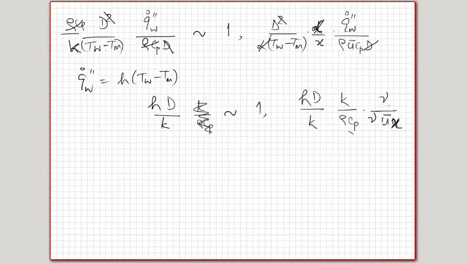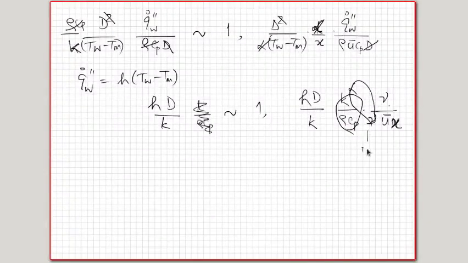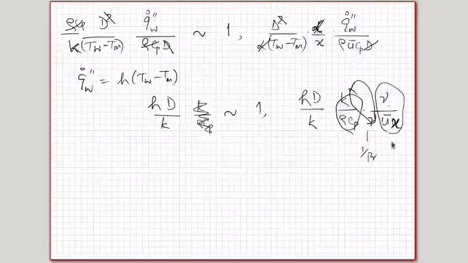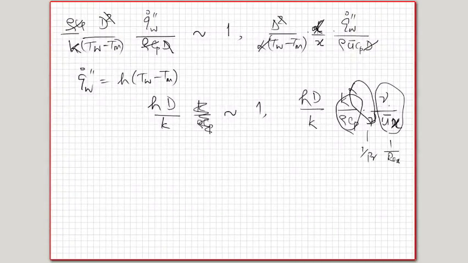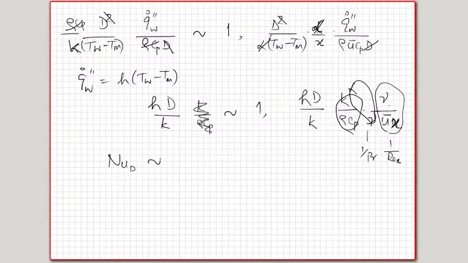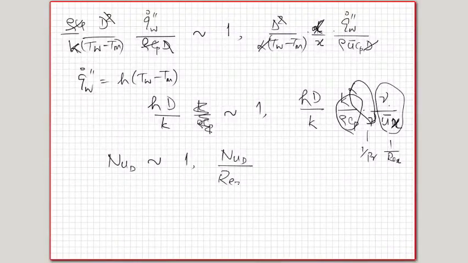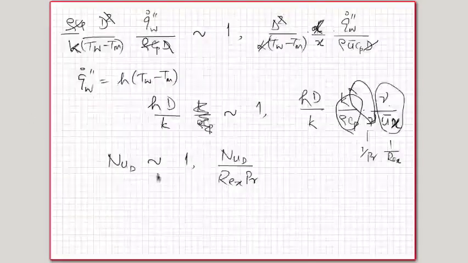Okay, so this being alpha, I get a nu by alpha here, which is a 1 by Pr, and you get a u x by nu in the inverse, so it will be a 1 over Rex. Okay, so what do I get here? I get this HD by K is NuD, of the order of 1, this will be again NuD divided by Rex Pr. So this is the order of magnitude that you get from the energy equation.